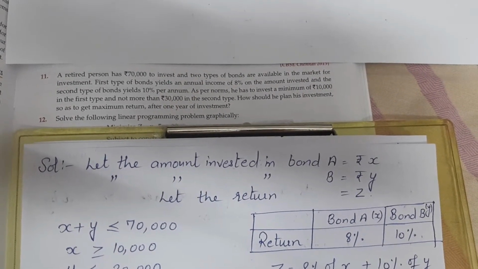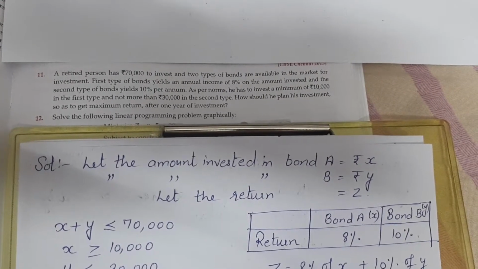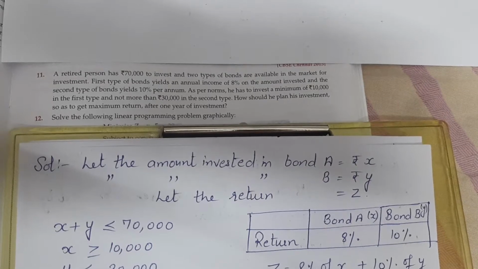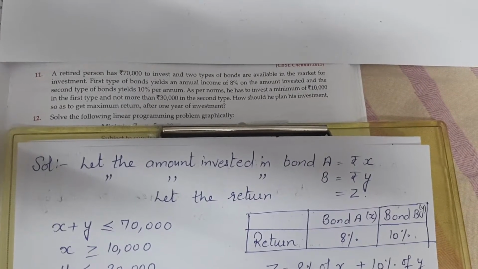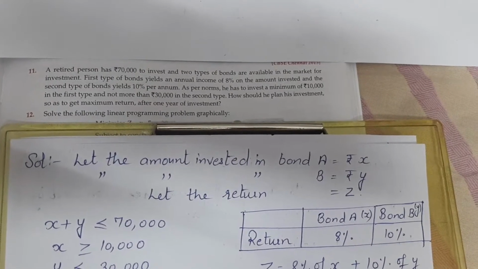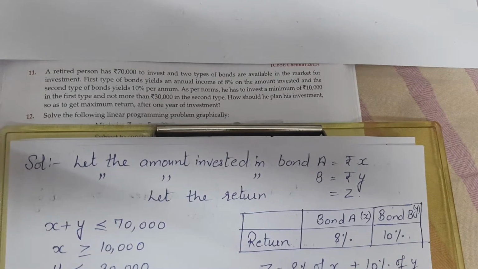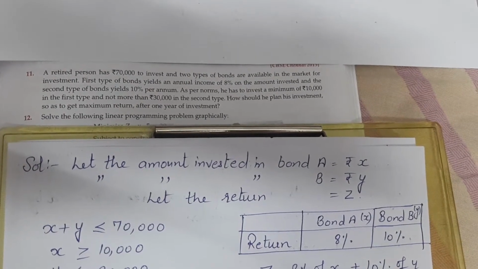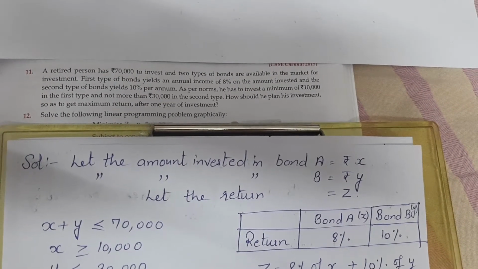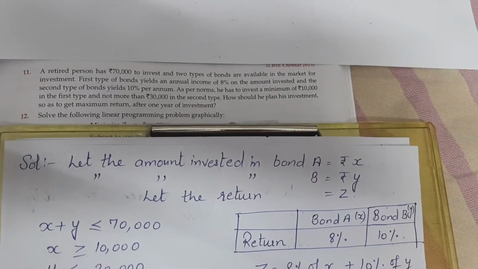First type of bond yields an annual income of 8% on amount invested, and second type of bond yields 10% per annum. As per the norms, he has to invest a minimum of 10,000 in first type and not more than 30,000 in second type. How should he plan his investment so as to get maximum return after 1 year of investment?